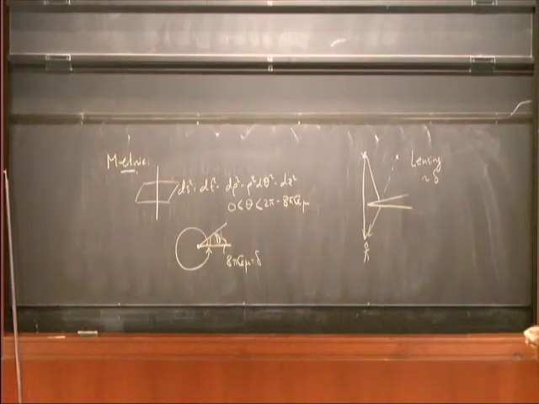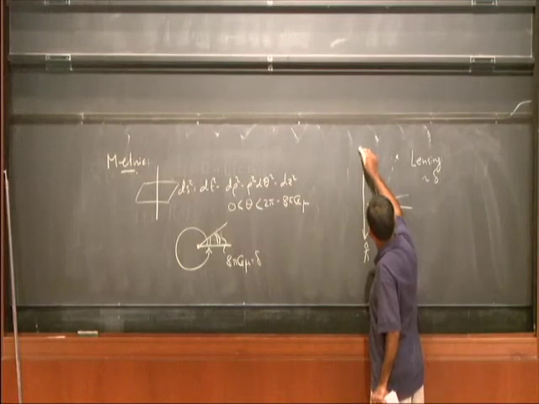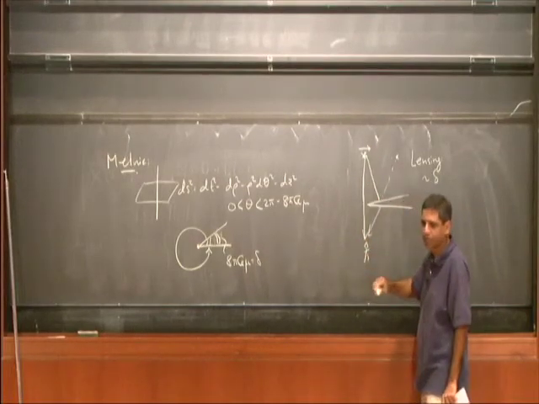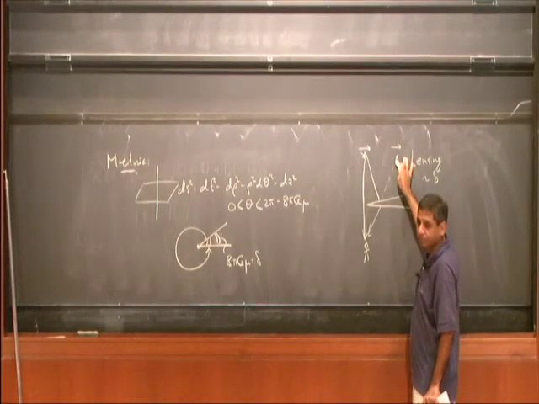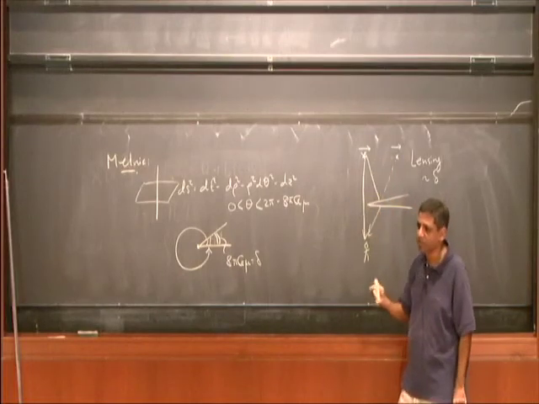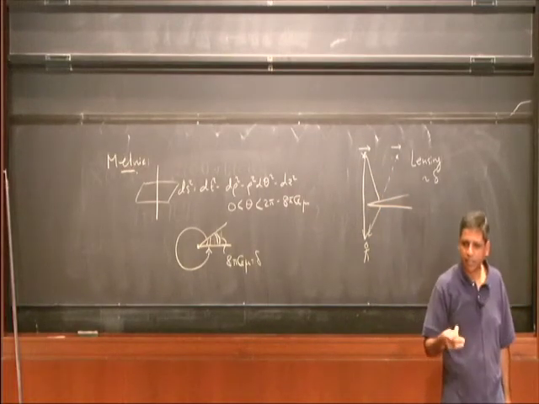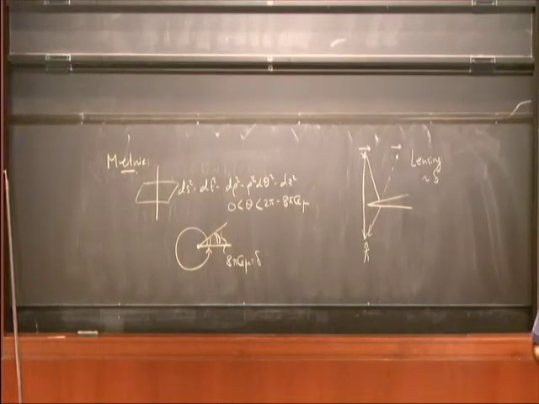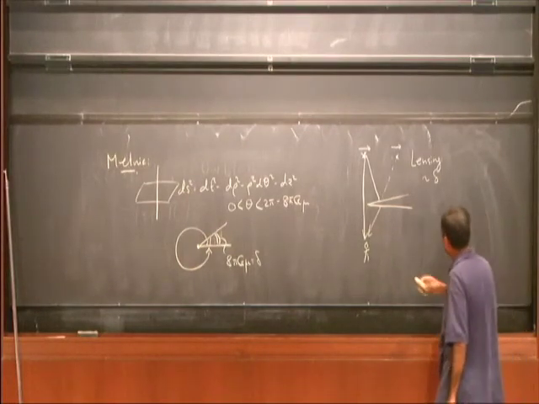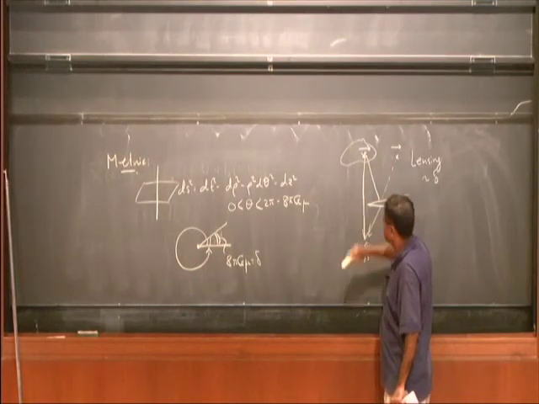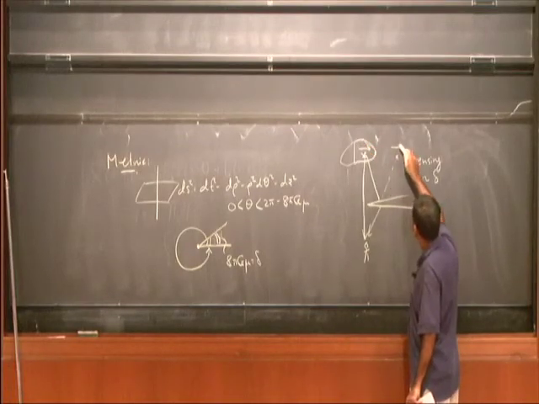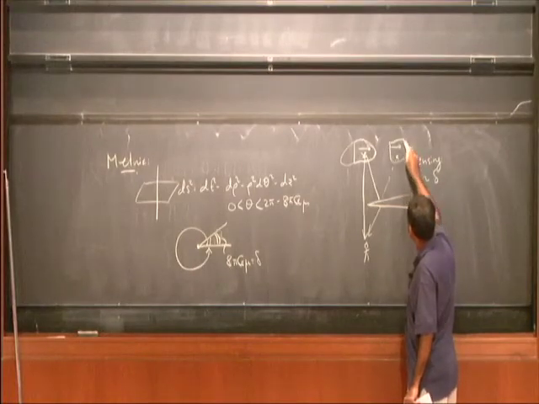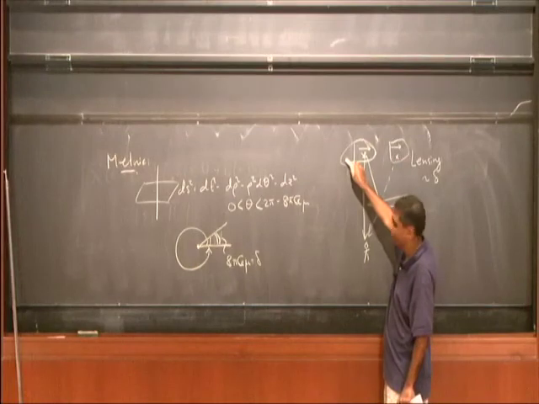The other interesting thing is that let's say this had some shape to it, like an arrow, then this would also be in the same direction. That means that the parity of the image is not changed. Okay? And this is an important observational tool. The other thing is that if this is an extended object, then this part will be lensed, but this part will not be, it is too far away.